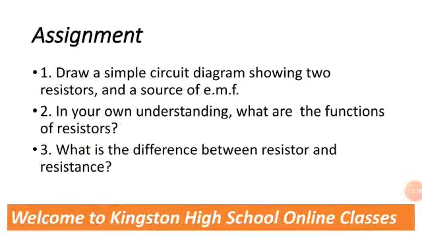This is bringing us to the end of this class. We have looked at the resistor as a vital component of electric circuits. We also looked at electromotive force, or the source of electromotive force, as another vital component of electric circuits. We'll say that electromotive force is the driving force of electrons.